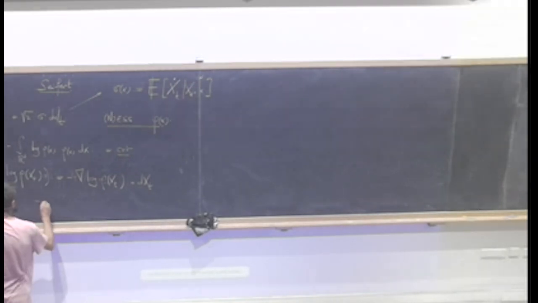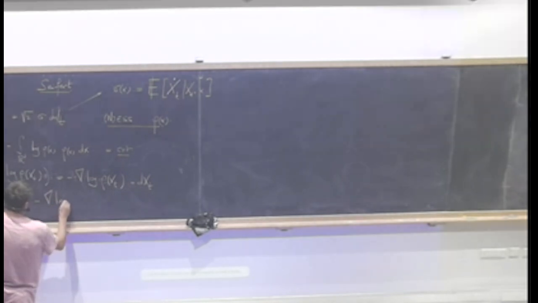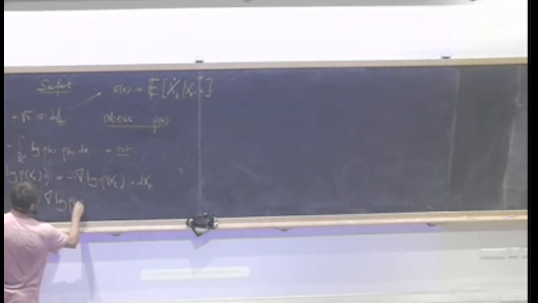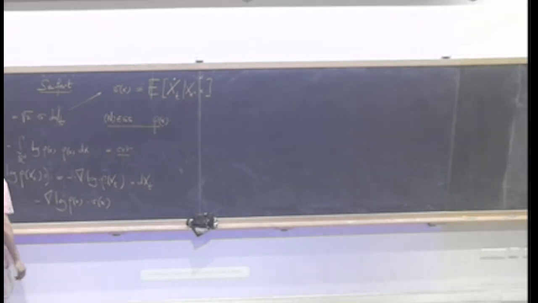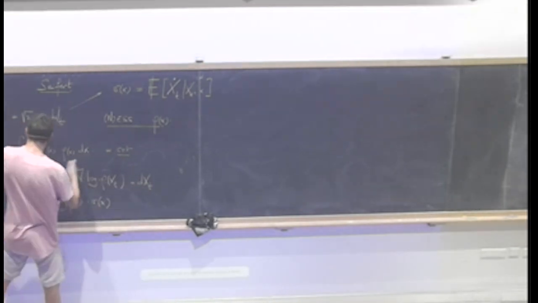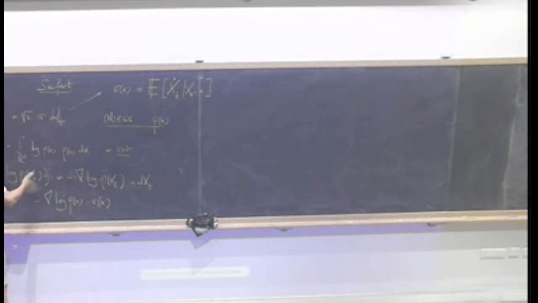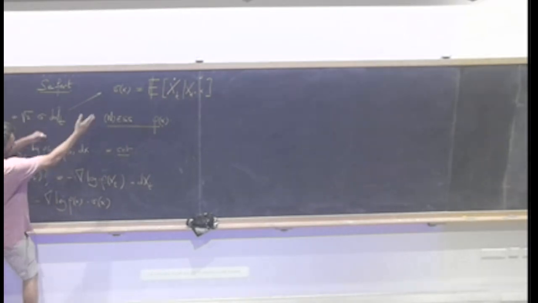Well, you get minus the gradient of the log of rho of x times this v of x. That's right, replace this by x dot. If you want to do that again, you need to put an integral in, but you use this as a test function, and so you get this quantity.